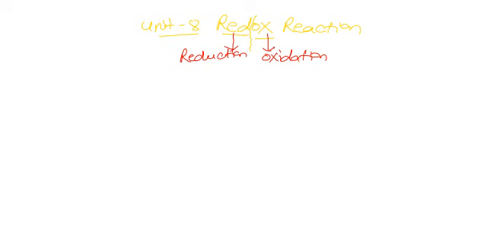So now what is the meaning of reduction or oxidation? The substance which gets reduced is called the oxidizing agent, and which is oxidized is called the reducing agent.